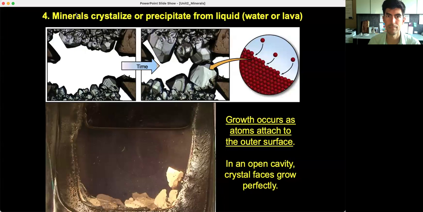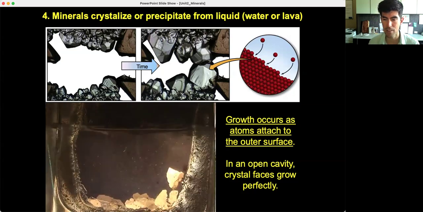Okay, fourth requirement. Minerals must crystallize or precipitate from a liquid. This can happen in a lava or in water. And I wanted to show a video to give you a sense of what this looks like over time. This is a solution. This solution has dissolved atoms inside of it.